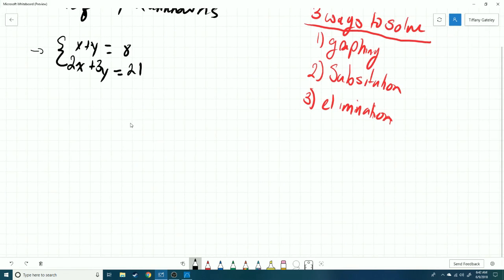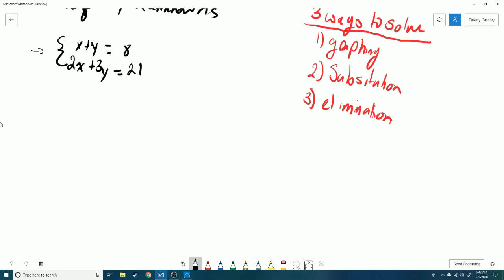So in substitution, you take one equation and you solve for a variable. We'll do the steps in blue. Take this one and we'll solve it. So x equals 8 minus y, because we subtracted y from each side.